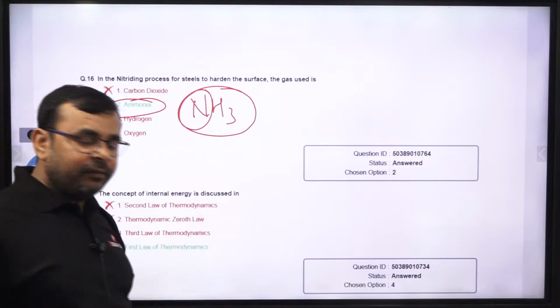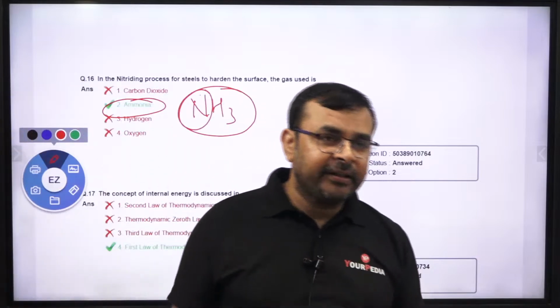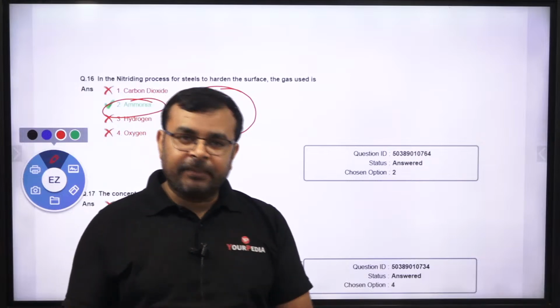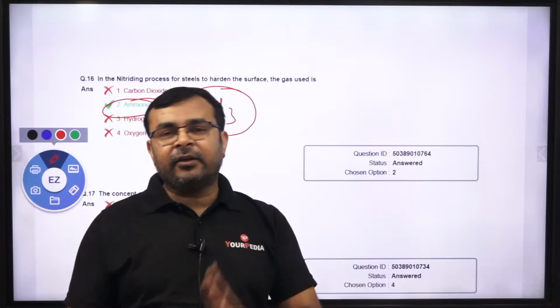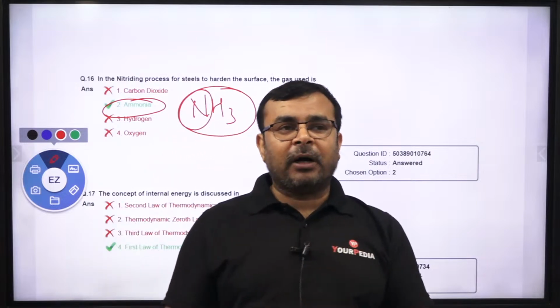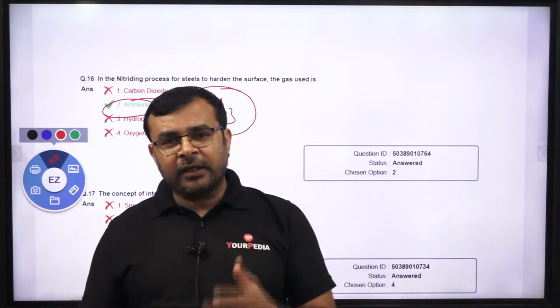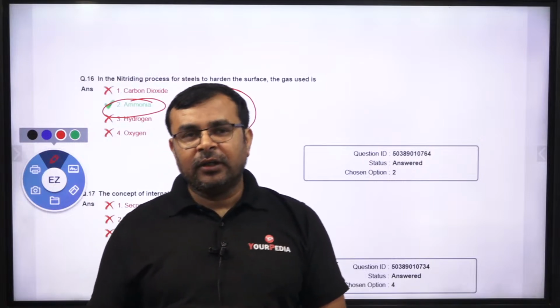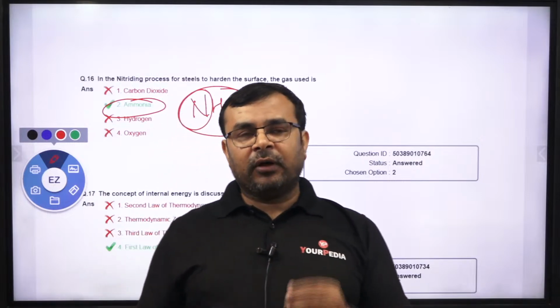And similarly, if I talk about the carburizing process, here we have three types of carburizing process, that is pack carburizing, gas carburizing, and liquid carburizing. Yes or no? In pack carburizing, we use powder. And what powder? Charcoal. Actually we use charcoal, calcium carbonate. Yes or no? These powders are used for hardening purpose.